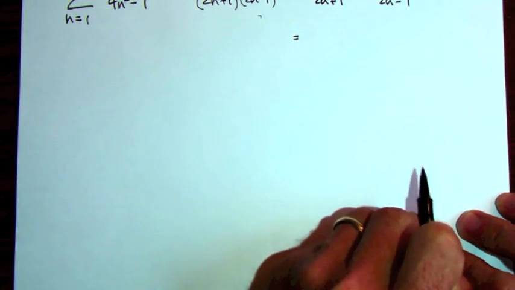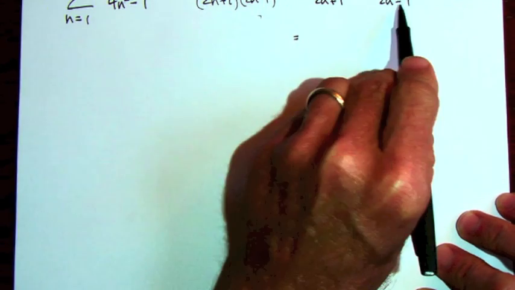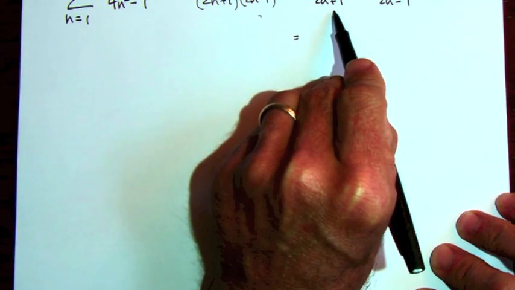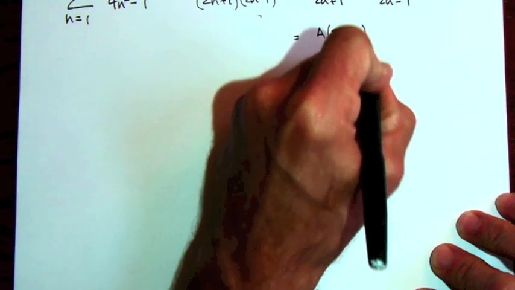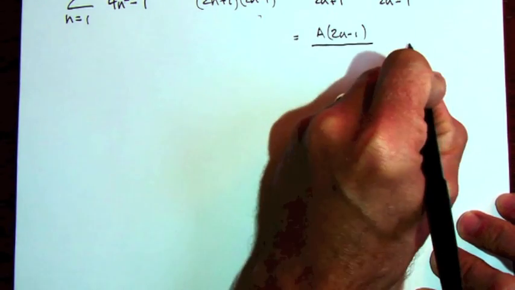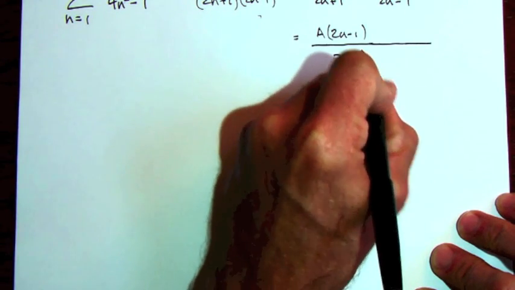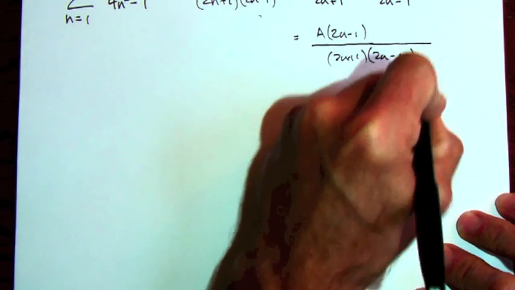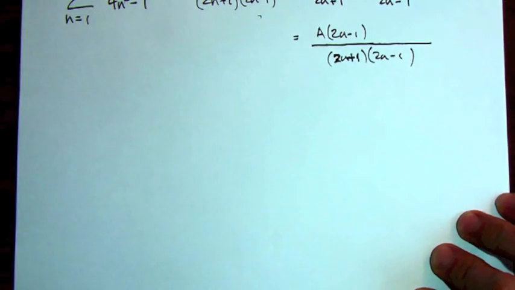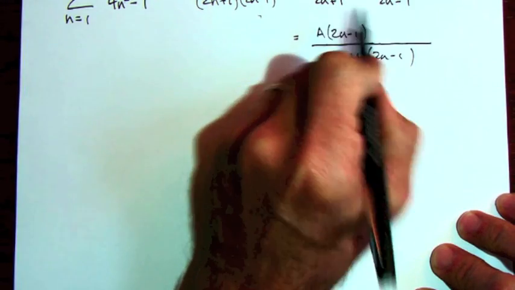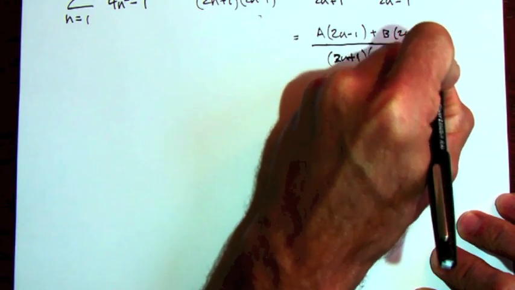So we know that we'd have to multiply to get back to this denominator. I'd have to multiply the denominator here by 2n minus 1. So I do the same thing with the numerator, and I end up with A times 2n minus 1, and the whole thing is going to be over 2n plus 1 times 2n minus 1, right? And then of course B gets multiplied by this, so plus B times 2n plus 1.